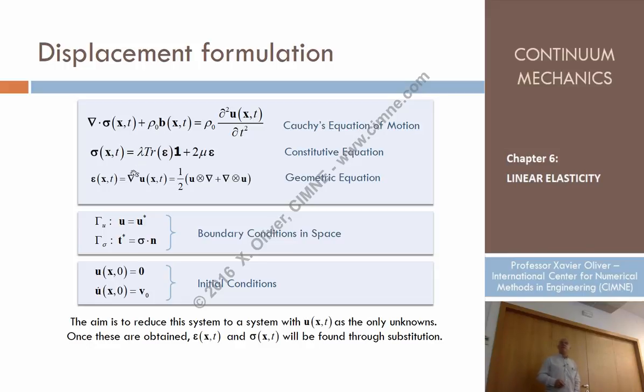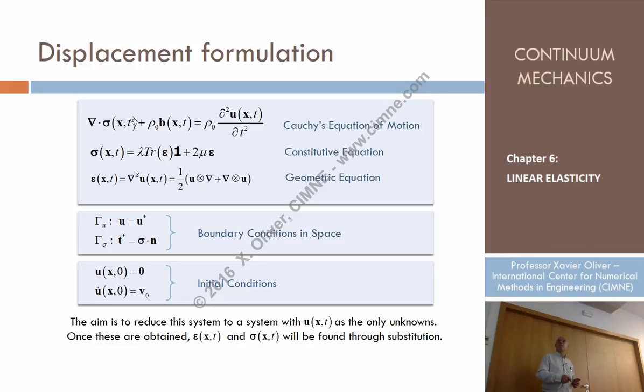But now, if I introduce in the strains the equation of the kinematic compatibility of the strains with displacements, then I would have a unique equation, 3 equations, in terms of the stresses that are replaced in terms of the strains, and the strains are replaced in terms of the displacements.